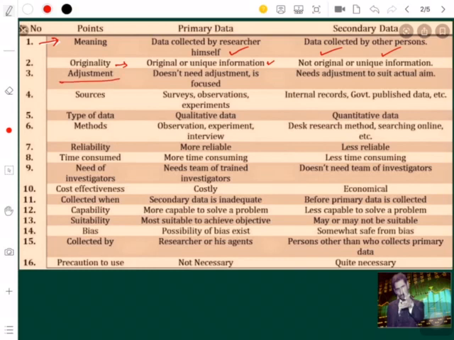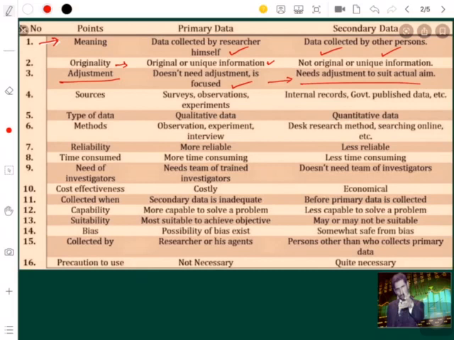On the basis of adjustment, for primary data, you have collected it yourself for a particular piece of inquiry, so it does not need any adjustment. It is focused in a way. But secondary data has been collected for something else and you are using it for your survey, so it would require certain adjustments to suit the actual aim.